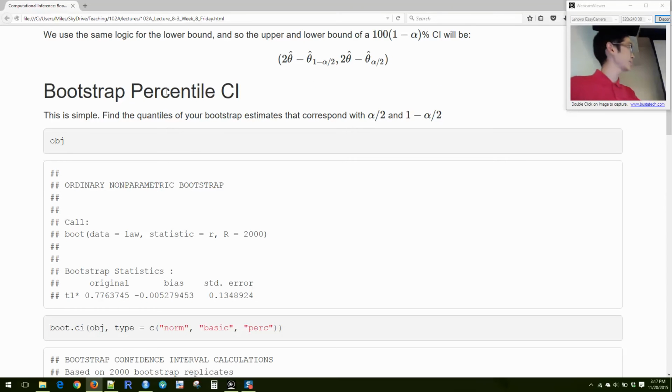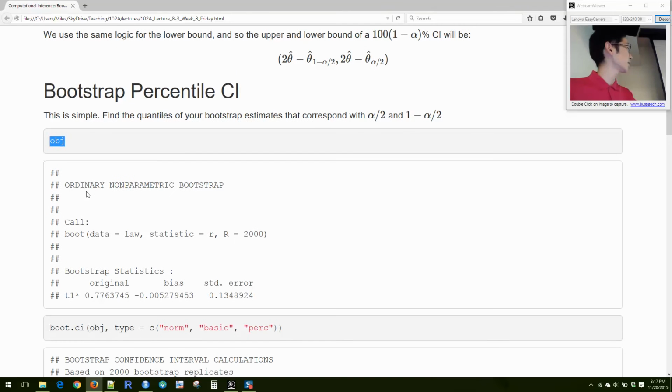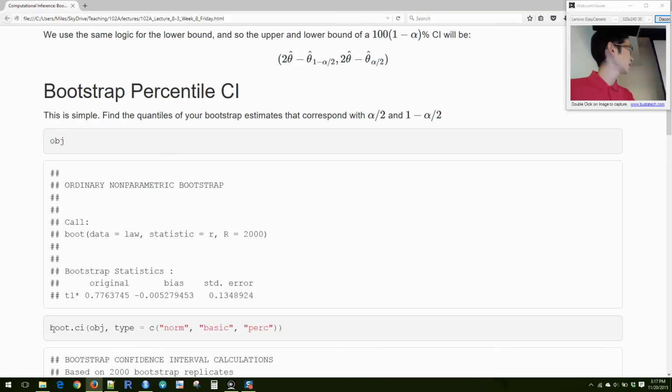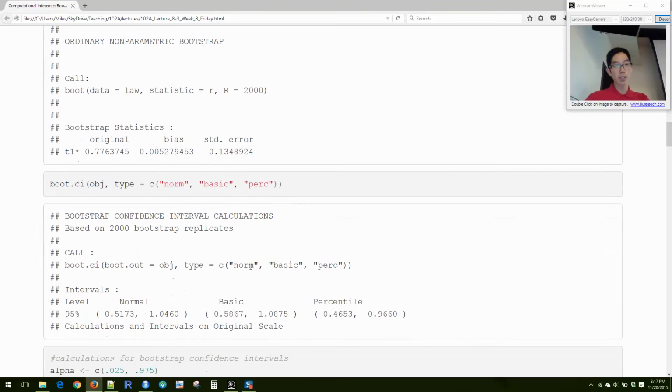Once we've created our bootstrap object, R can spit out these confidence intervals very easily. You just feed the bootstrap object, which is the results from earlier, into the function boot.ci, and say we want the normal, the basic, or the percentile confidence interval, and it spits these out.